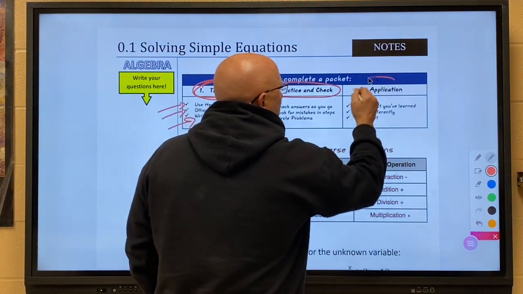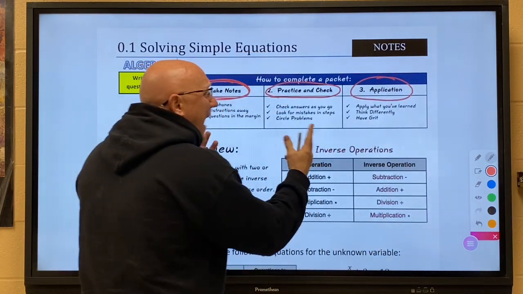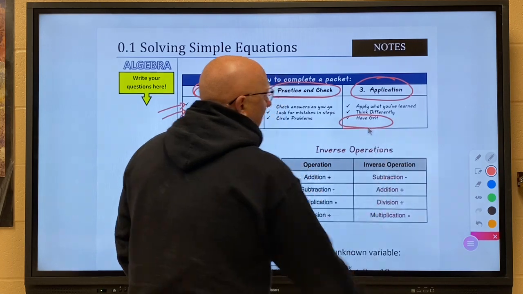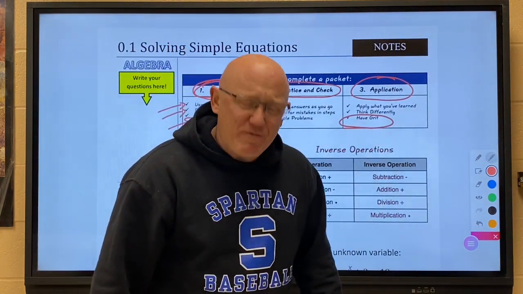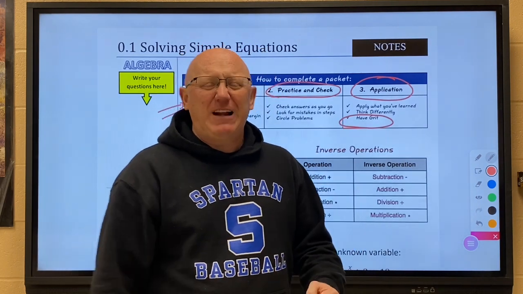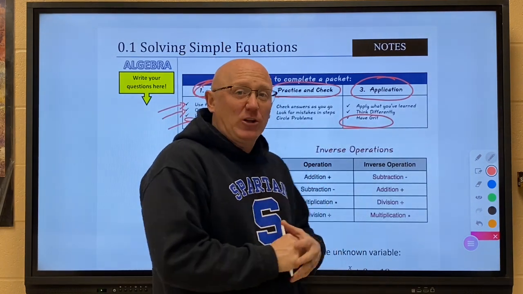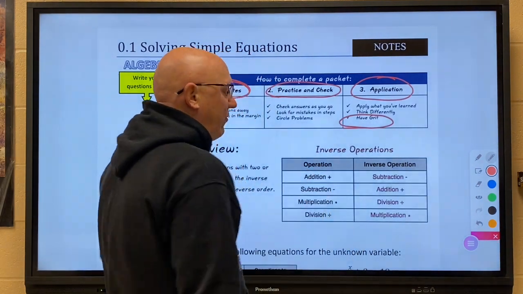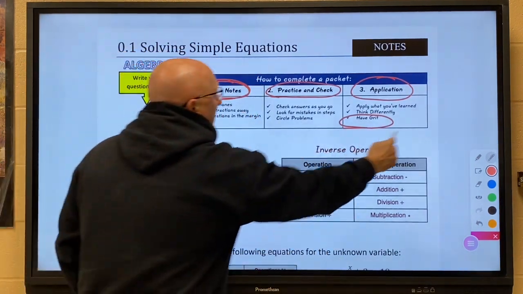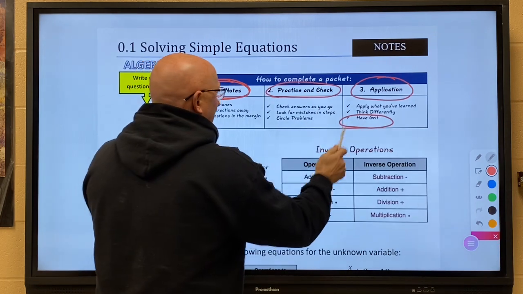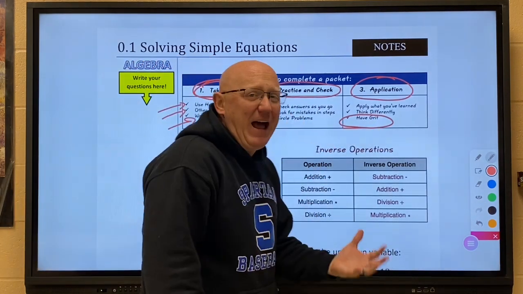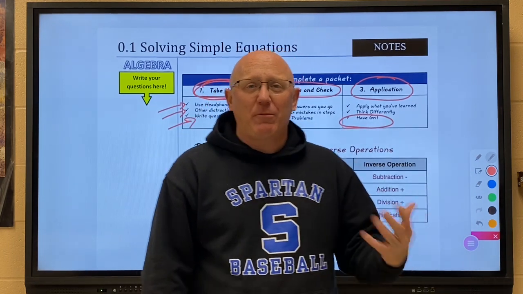And then we'll get into application, applying what we've learned, and then the main thing in this lesson is to revisit that concept of having grit, persevering, not just giving up on problems, and looking at your notes as a resource. So, having said that, the review of flipped learning and the process: take notes, practice and check, and then apply that to other problems and other problem-solving activities.